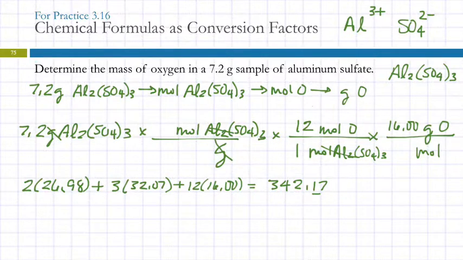And that's grams of aluminum sulfate per mole of aluminum sulfate. So that's the number I need over here. 342.17. So 7.2 divided by 342.17 times 12 times 16.